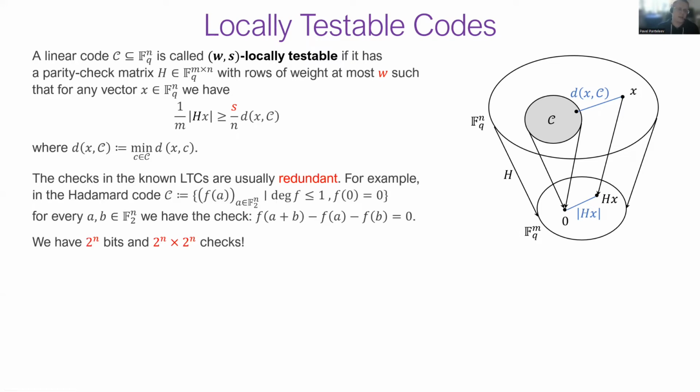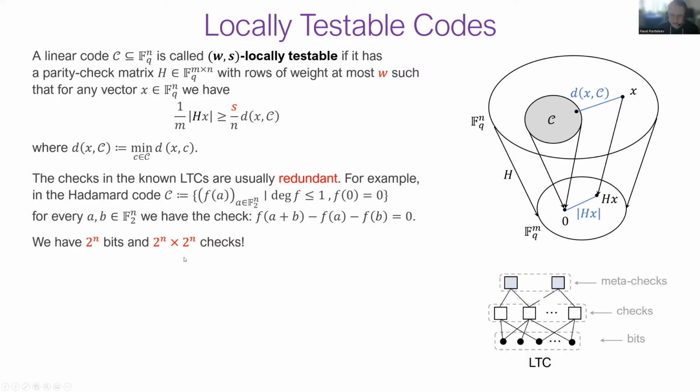What is important about locally testable codes is that they usually have checks that are really, really redundant. Take for example, the famous Hadamard code. From its definition, we see that it has length 2 to the n, but it has 2 to the n by 2 to the n checks.